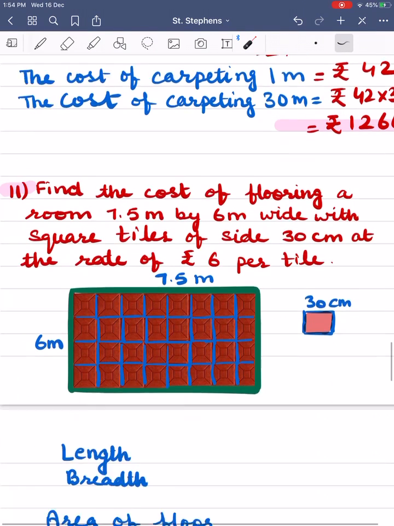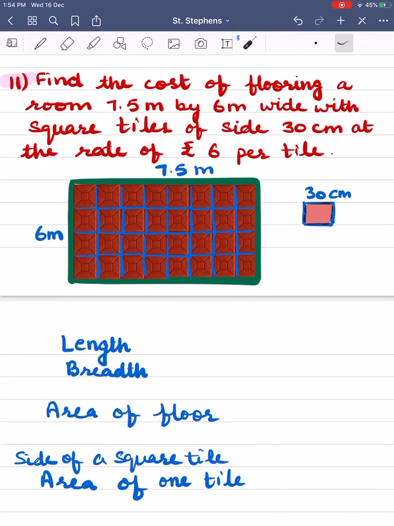Find the cost of flooring a room 7.5 meter by 6 meter wide with square tile of side 30 centimeter at the rate of rupees 6 per tile.